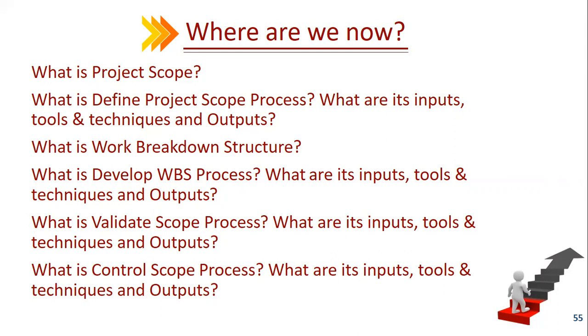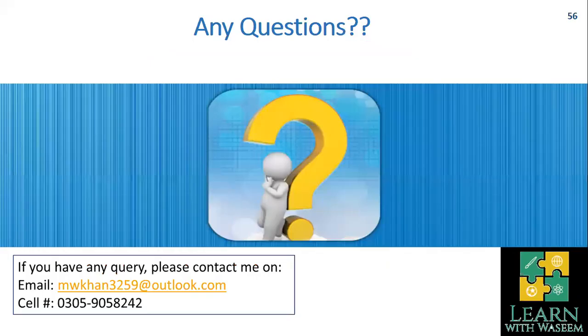We have discussed the developing work breakdown structure process and its inputs, tools, techniques, and outputs. Then we have discussed how to validate the scope process, its inputs, tools, techniques, and outputs. And at the end, we have discussed what the control scope process is, and its inputs, tools, techniques, and outputs. So that's the end of the lesson.